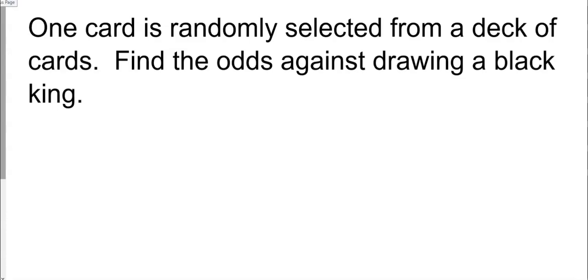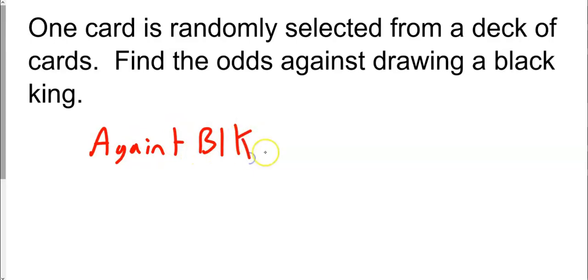So one card is randomly selected from a deck of cards. Find the odds against drawing a black king. Okay, here we go. Last problem. So we are against the Black King. So, on top are all the ways that we're not going to win. On bottom are all the ways that we can win.